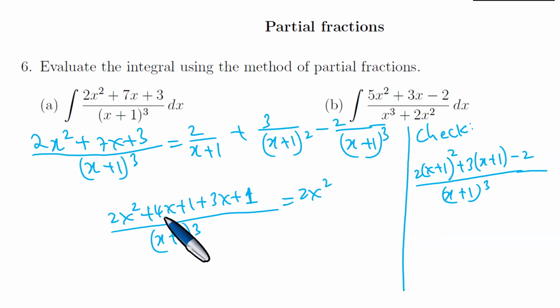Two x squared. And then you add the 4x and the 3x. You have 7x plus... And then the 1 and the 1 would give us exactly... So this one is a 2.